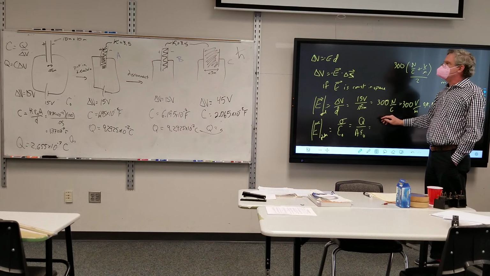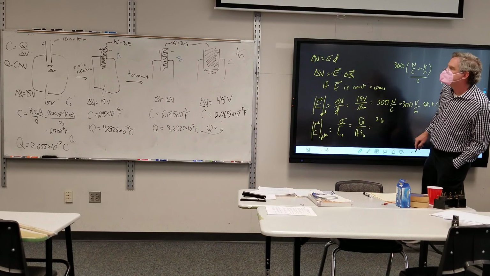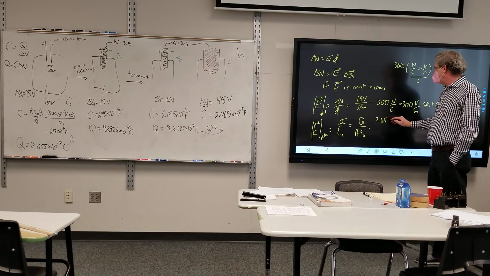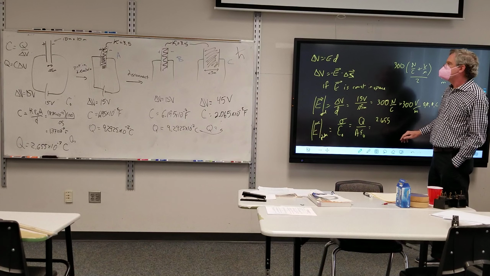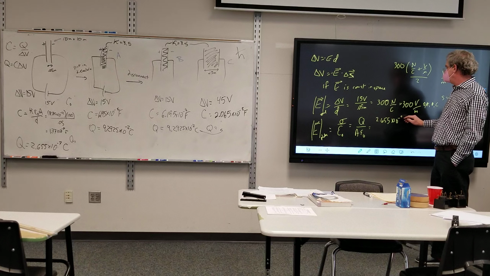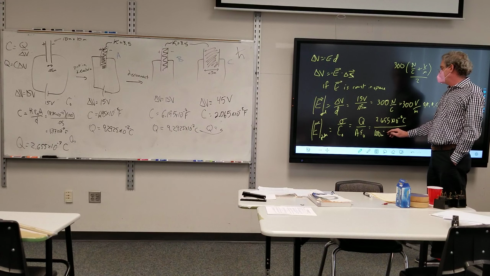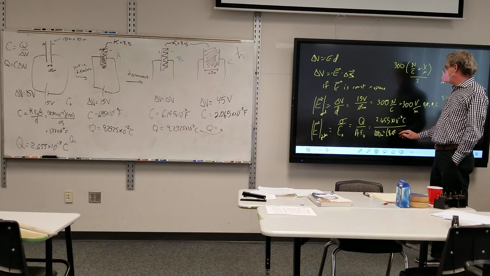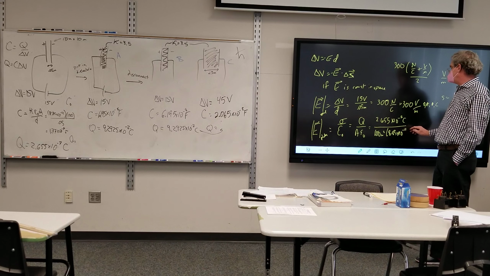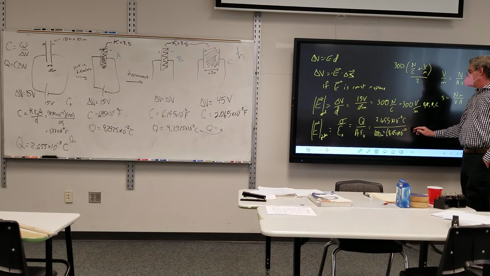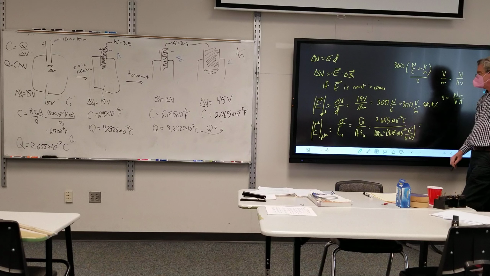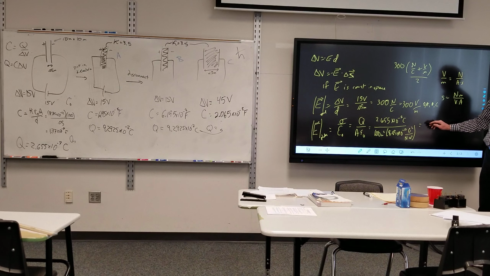So Q, just for the first one, 2.655 times 10 to the negative 7 over 100 square meters times 8.85 times 10 to the negative 12 coulomb squared per newton meter squared. 1.05 times 10 to the 10th.